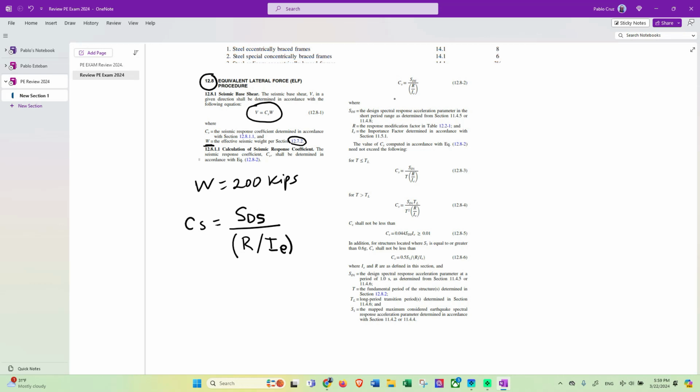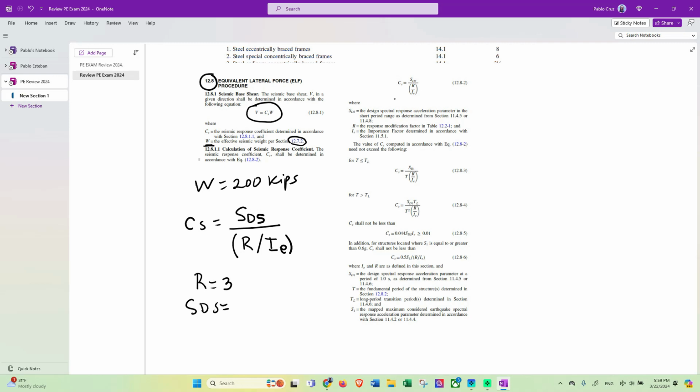SDS is the design spectral response acceleration parameter in the short period range as determined in section 11.4.5 or 11.4.8. R is the response modification factor in table 12.2-1. We already looked for that value. R is equal to 3 in our case.